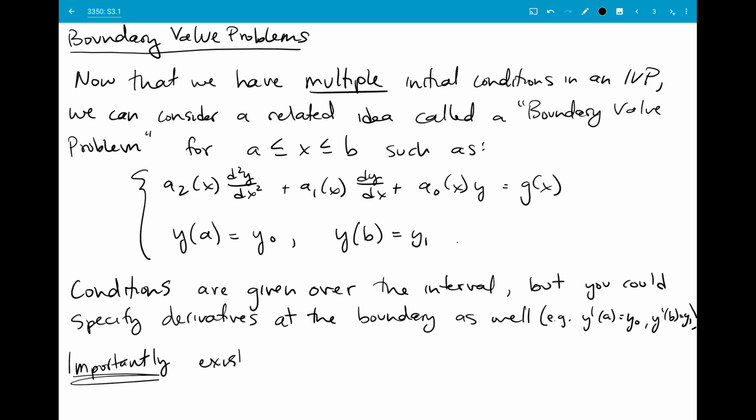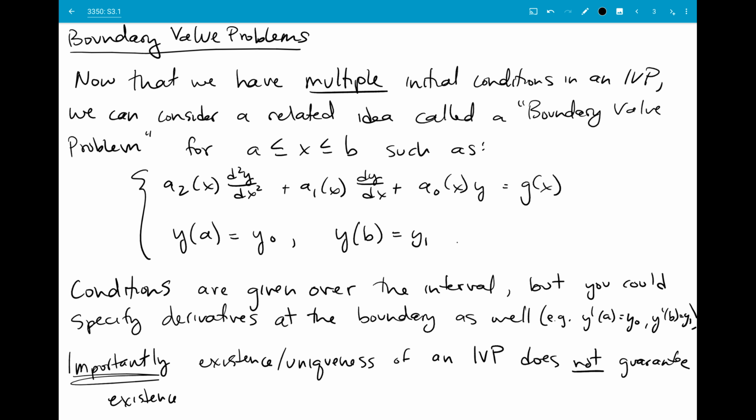So existence and uniqueness of an initial value problem does not guarantee existence and uniqueness of a similar boundary value problem. BVP is the abbreviation for boundary value problem, just like initial value problem is abbreviated IVP.